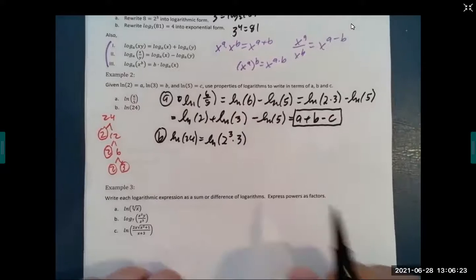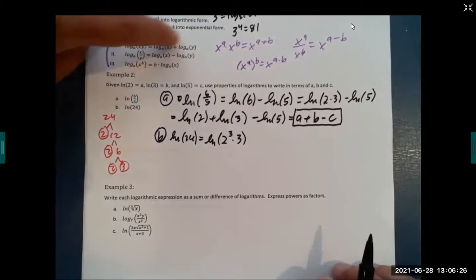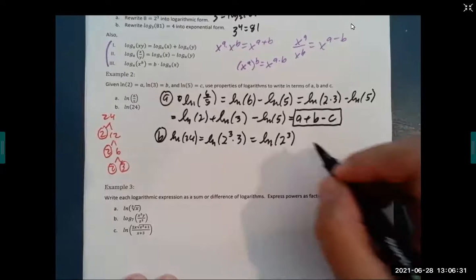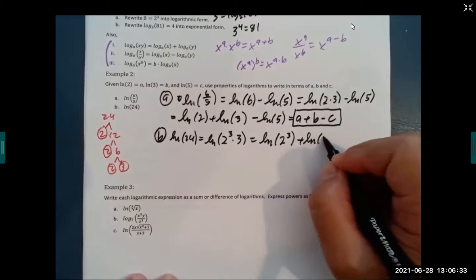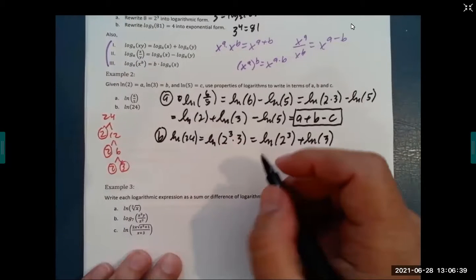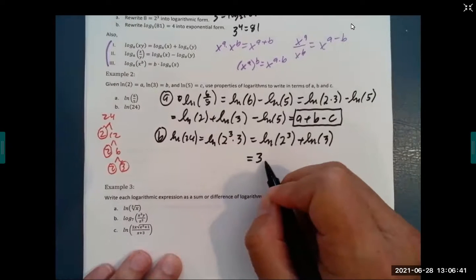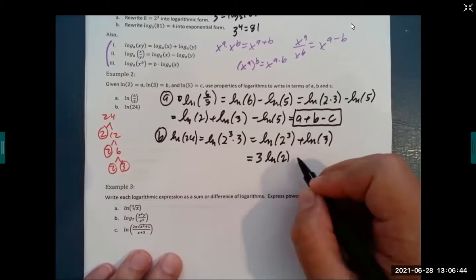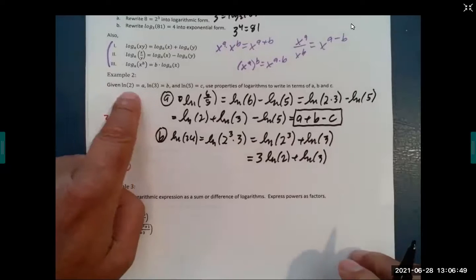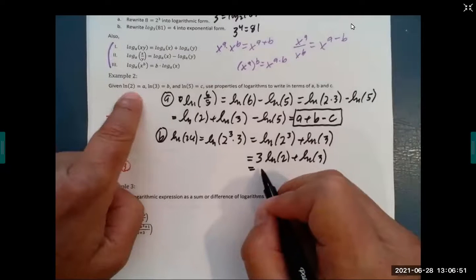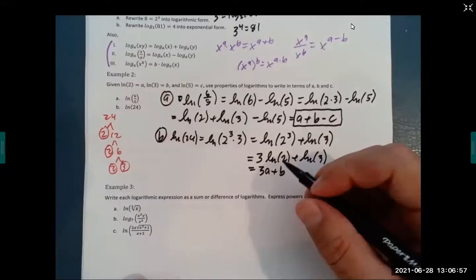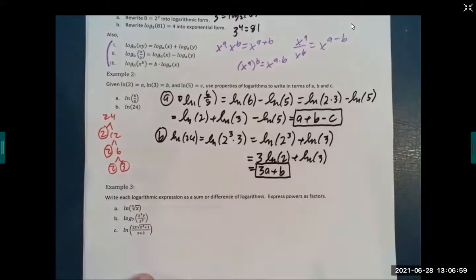I notice I'm multiplying, which means I can break this up into addition. And now I can use this rule and bring that exponent down in front. And going back to our A's and B's, ln of 2 is A, so 3A plus B. So there we are. Not too bad.